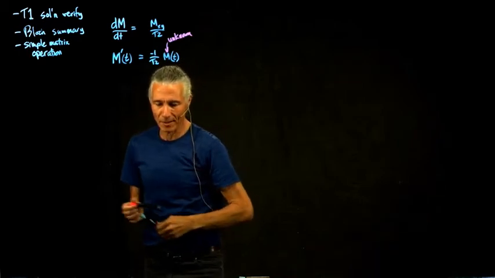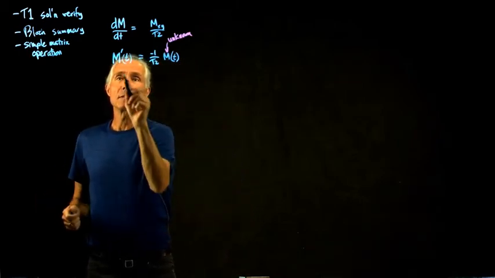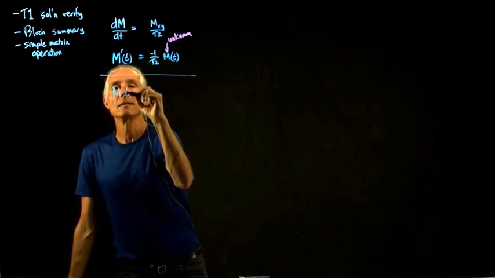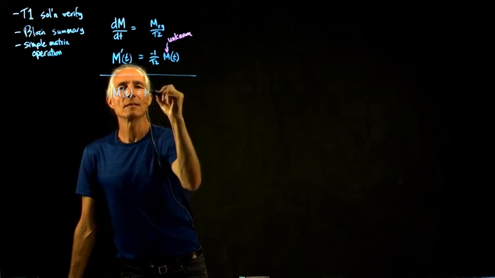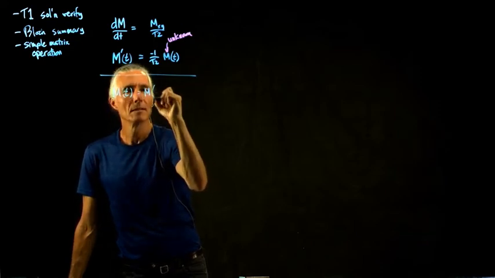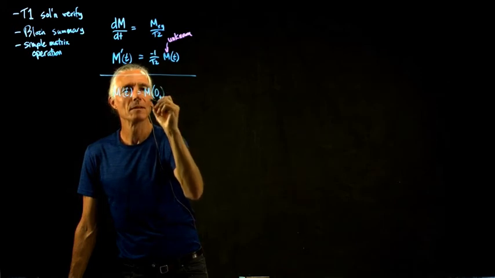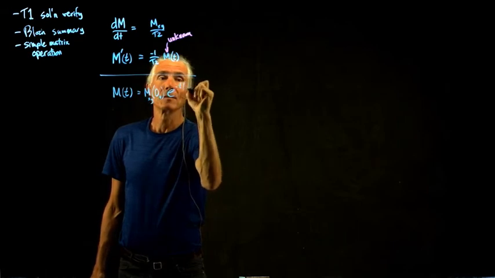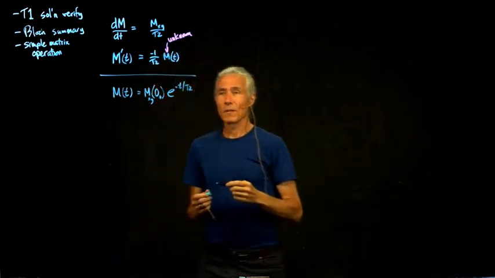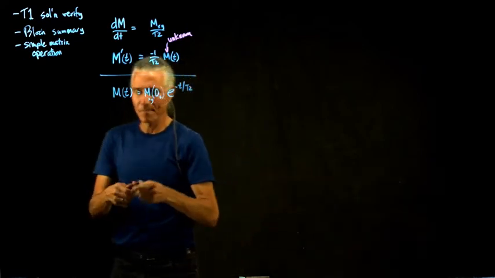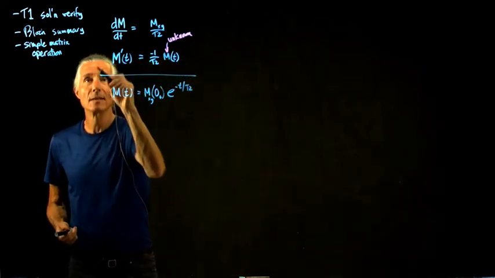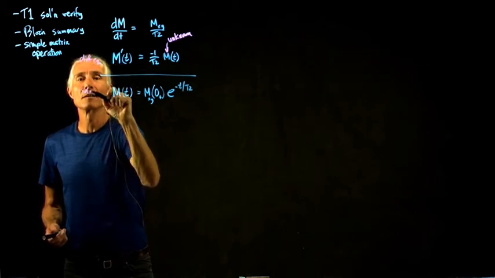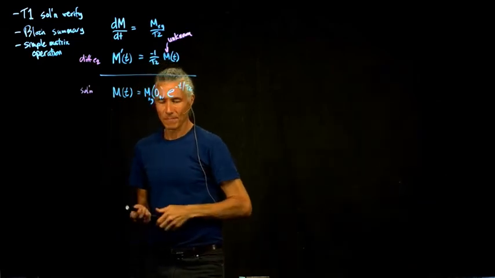And we said that the answer to it was the starting magnetization just after that point in the xy direction times e to the minus t over T2. So this is the differential equation, this is the solution. And then the question is, why is that a solution?